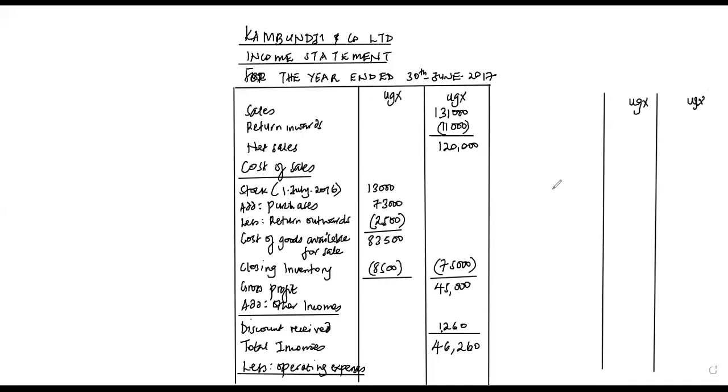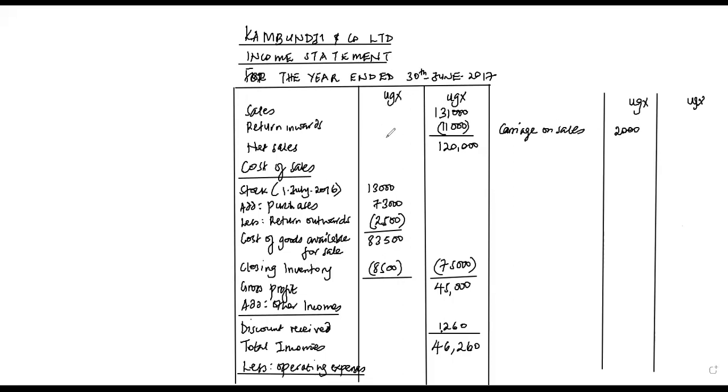So we list operating expenses. Under the operating expenses, we have carriage on sales. So you write carriage on sales. That is like carriage outwards. Your carriage on sales is 2,000.